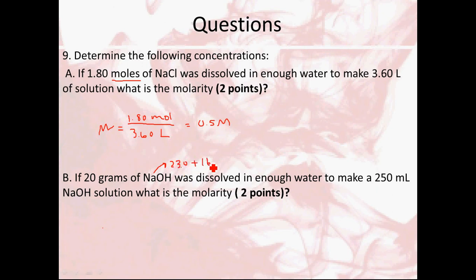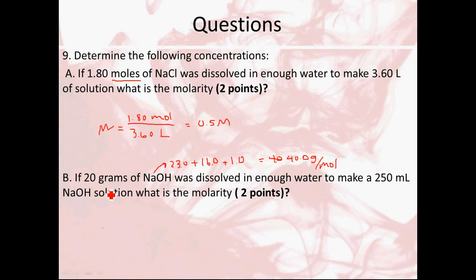Oxygen is 16. And hydrogen is 1. So when you add those together, you get 40 grams per mole.